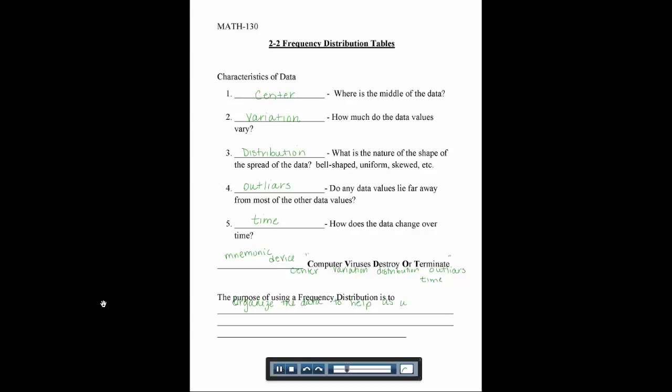And remember, the distribution is a special word for the shape of the data. So if we drew a graph, what would it look like? Does it start up high and go down low? Does it start low, go up in the middle, and come back down? What is the data doing?